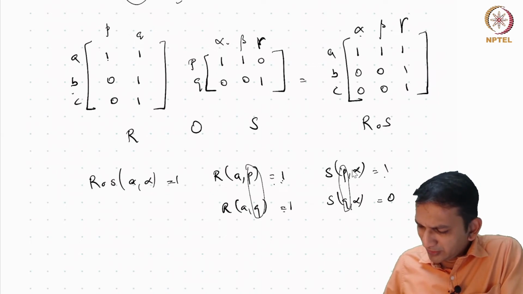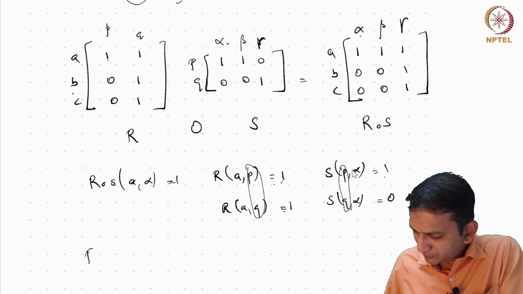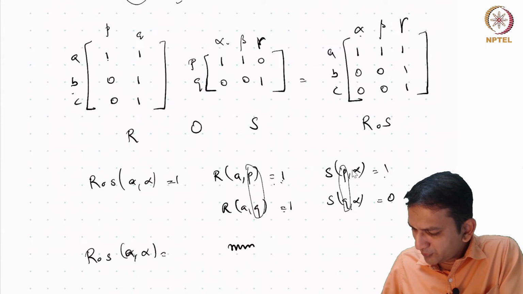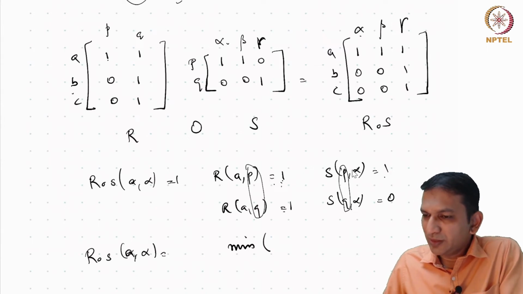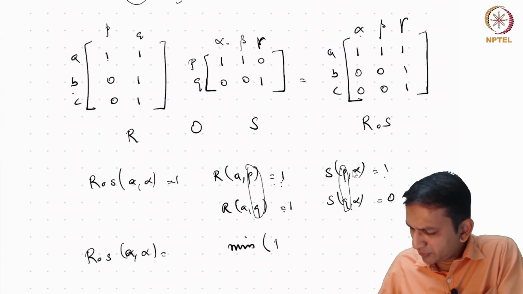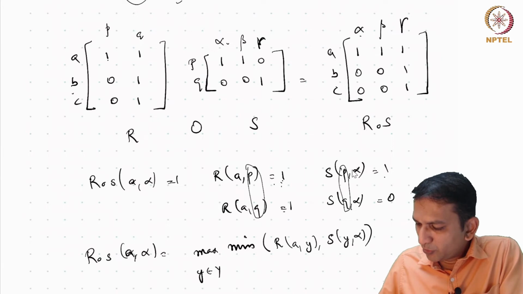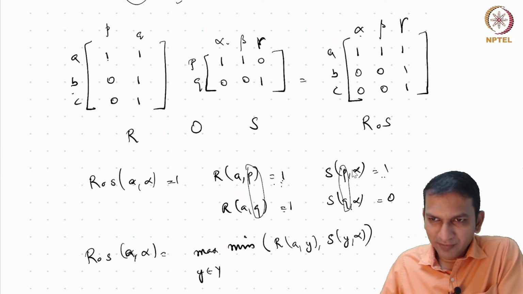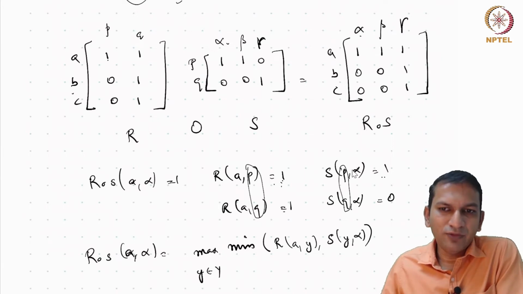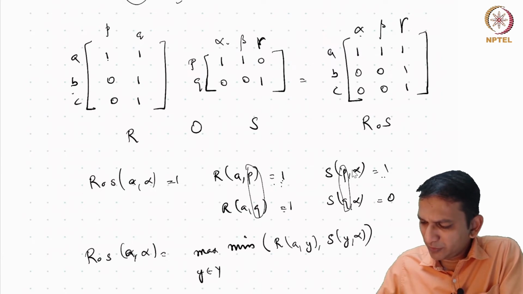So essentially you can write this as, alpha as minimum of, because you want both of them to be 1, only then it should be 1, minimum of R of A comma y, S of y comma alpha, max over y, because both of them have to be 1 for it to be 1, and for some y it should happen, not for everywhere, and that is where maximum is coming into picture.